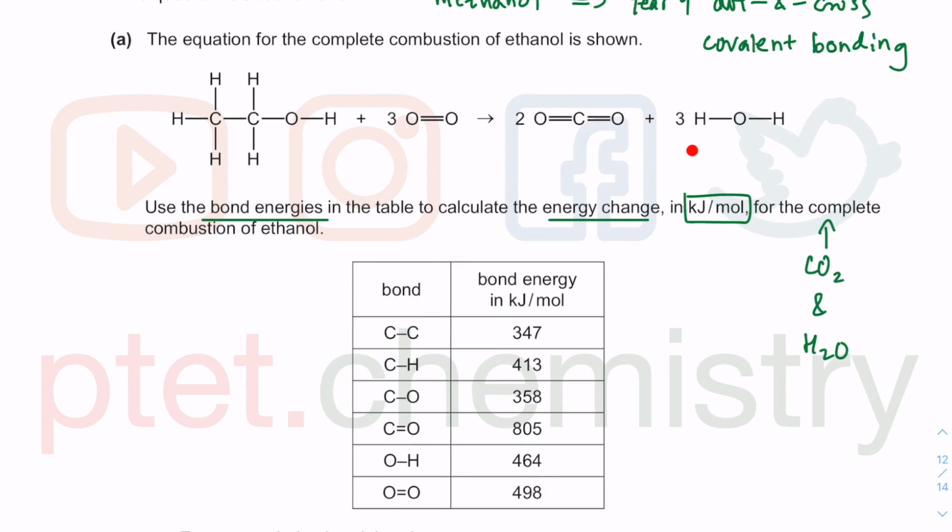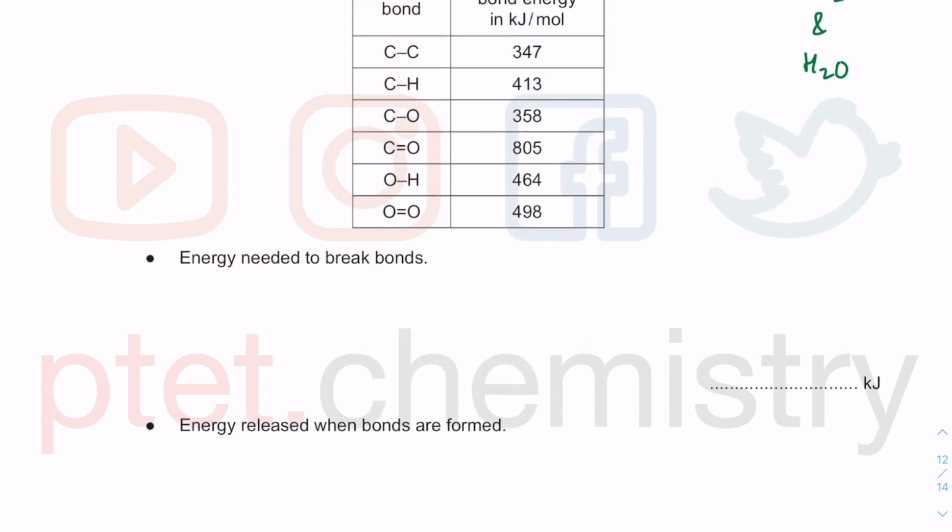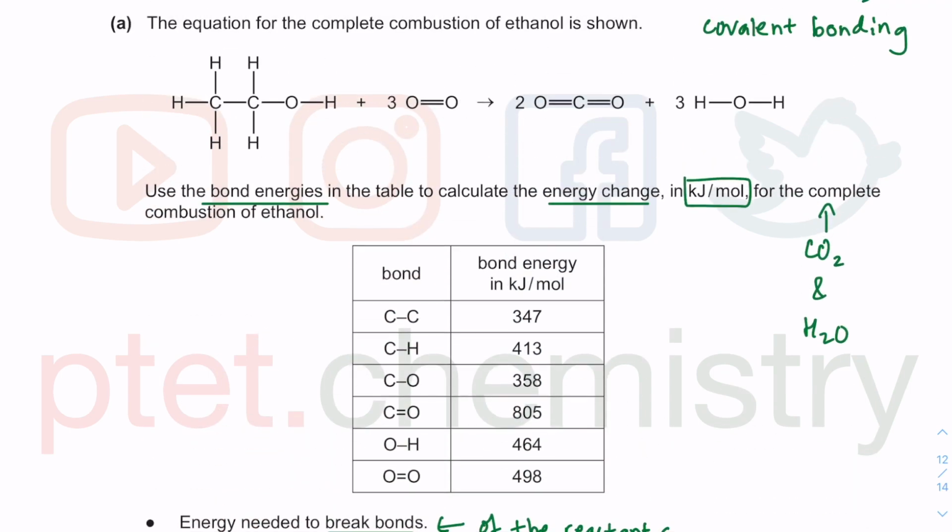According to the equation here, we're going to count what bonds are being broken. If we look at the energy needed to break the bonds, these are of the reactants, because the reactants have to break all the bonds. For combustion, what we have is one carbon-carbon bond.